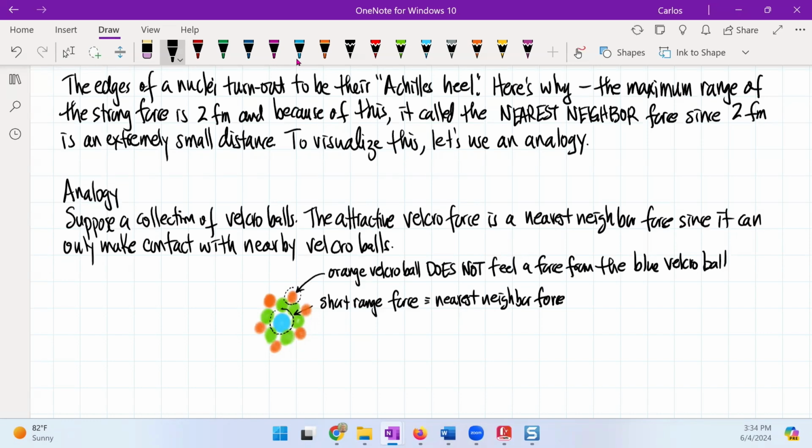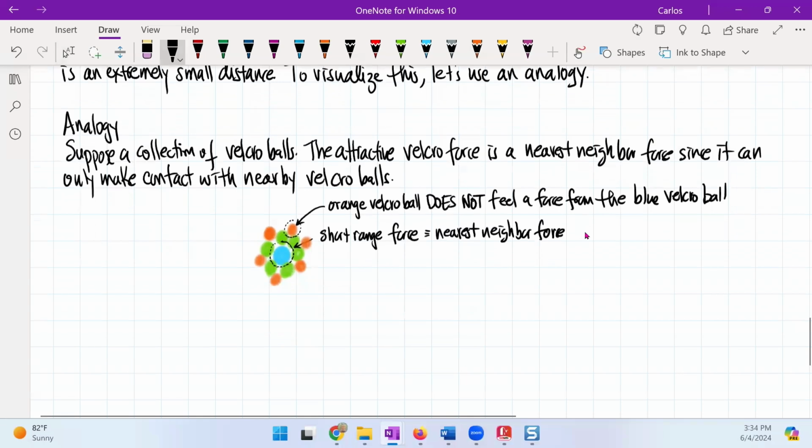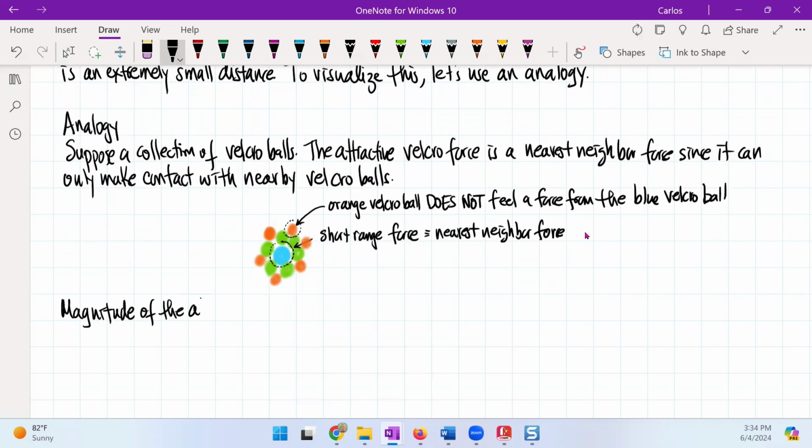So let's be careful about the magnitude of the force. Now let's look at the magnitude of the attractive Velcro forces.